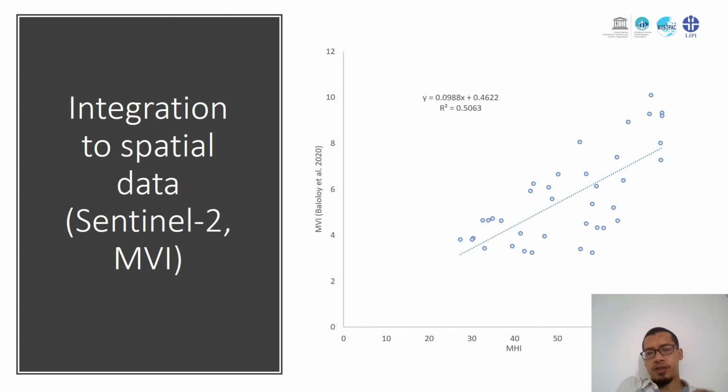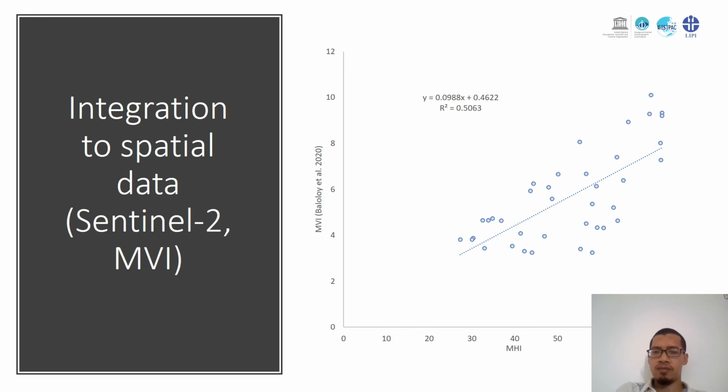So when we have a mangrove health index with coordinate locations, we can extract the value of the mangrove vegetation index from Sentinel-2, and then when we have all the datasets, we can analyze our regression.